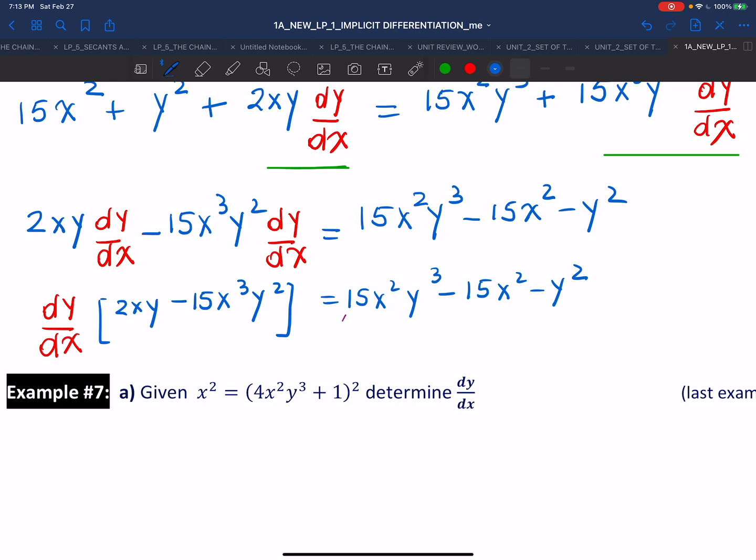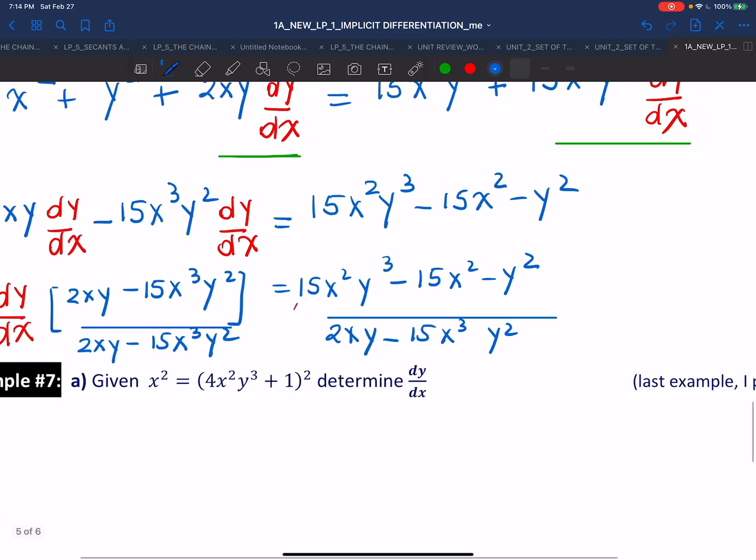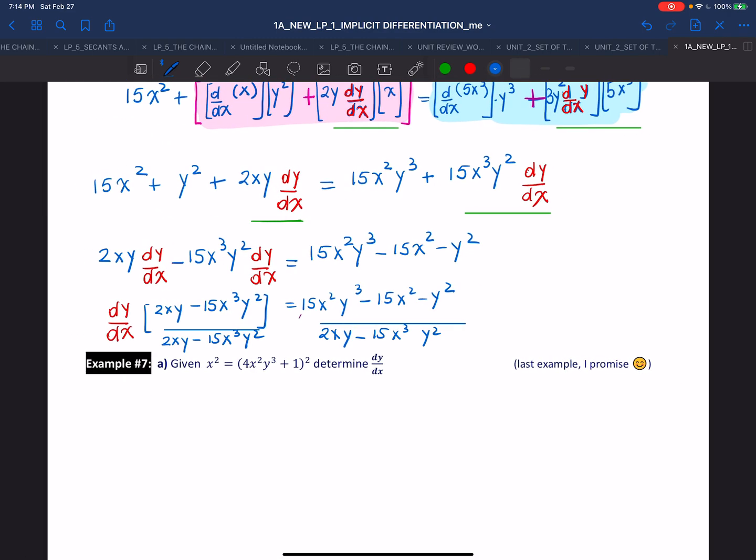To solve for dy dx, we'll divide both sides of the equation by the coefficient of it, which is this funny looking expression, 2xy minus 15x cubed y squared. So this would be dy dx. That's it, the answer.